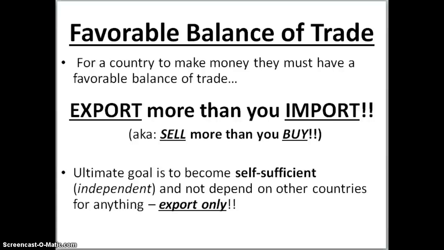The ultimate goal is to become self-sufficient and not depend on other countries for anything. The ultimate goal is just to export your goods, to sell your goods, to make money, not to spend money.